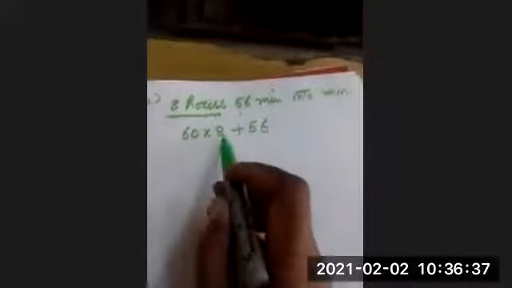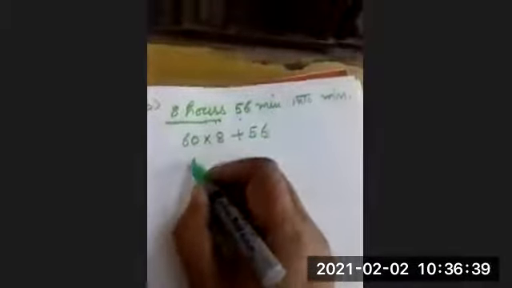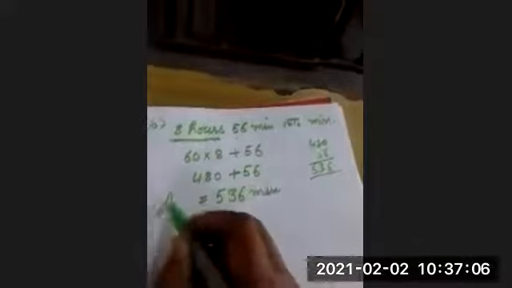Now 60 into 8 is 480, plus 56. 480 plus 56 is 536 minutes. So in 8 hours 56 minutes we have 536 minutes.